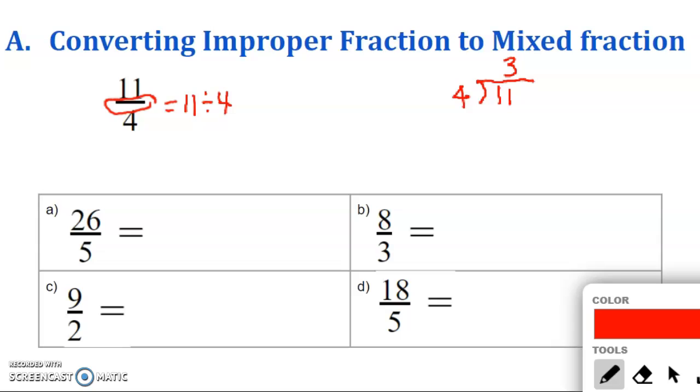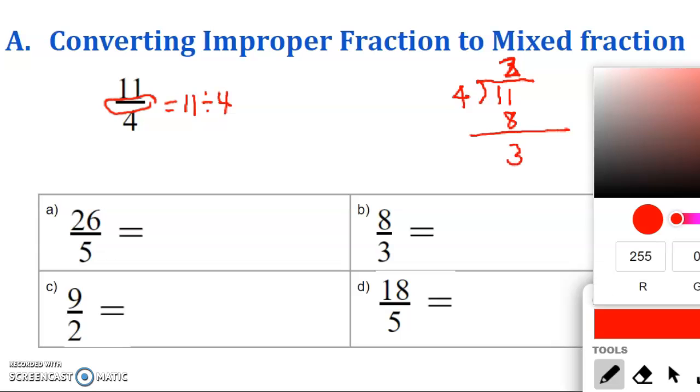It goes into 11 3 whole times. Oh, no, it goes in twice because 4 times 3 is 12, so that's bigger. So 4 times 2 is 8. And then you subtract: 11 minus 8 is 3. So that's what you did if you remember in 4th grade. Okay, so then what is your answer?